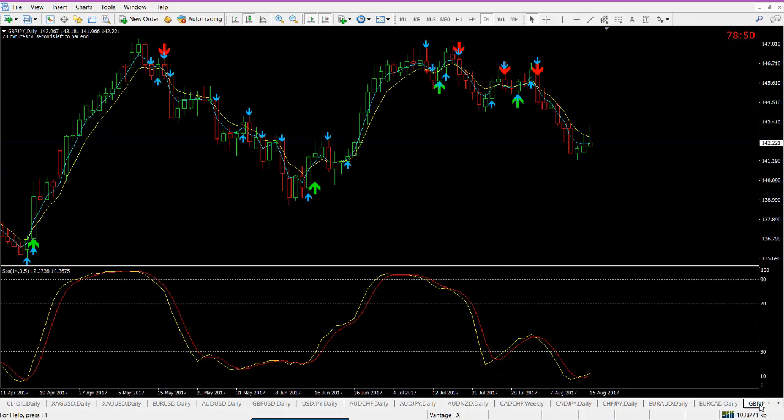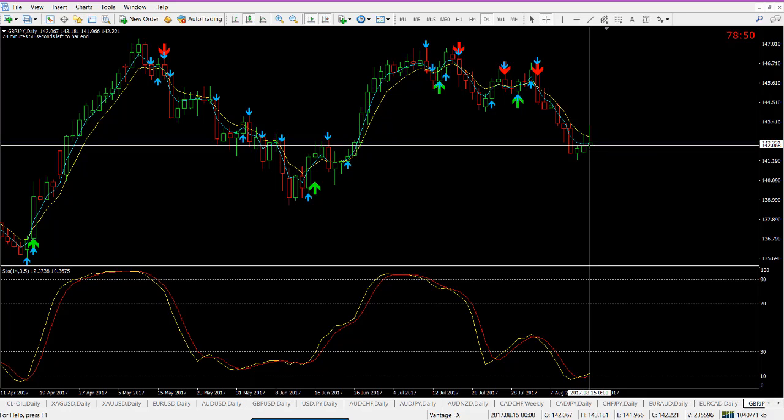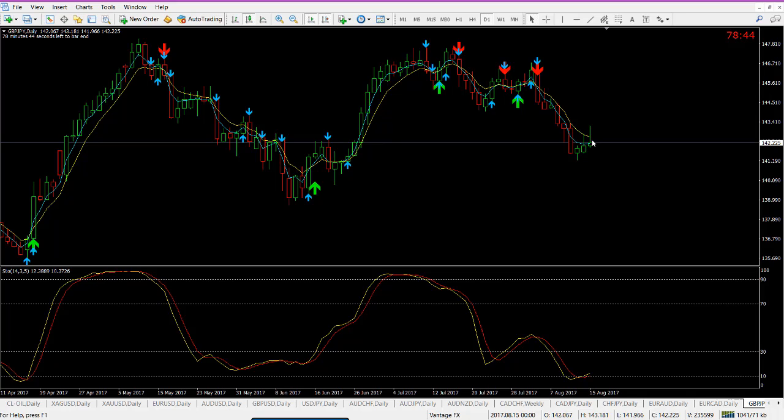EURUSD, nothing, and this one has this big pin bar, not an entry pin bar, so we don't trust it. And yeah, that's what I have for today. Just take a look at all these currency pairs and analyze them yourself. If you get a good entry signal, just wait.